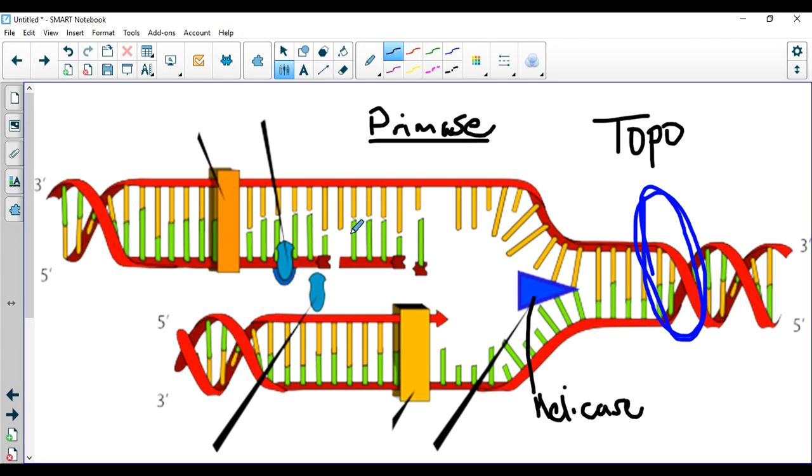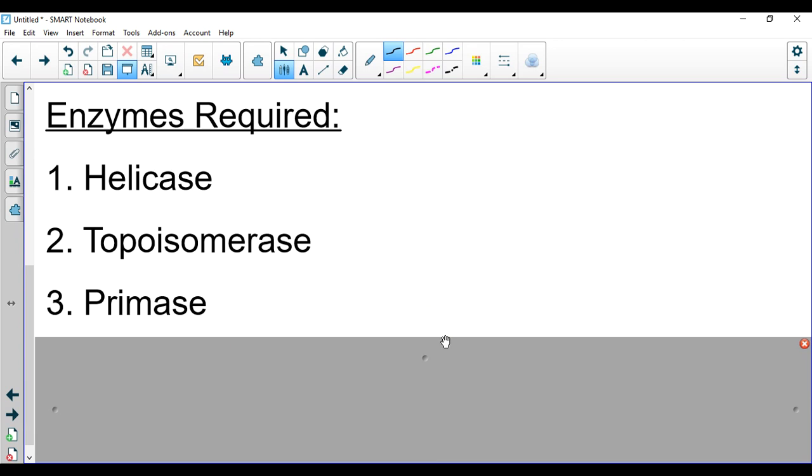Now, a key thing you need to take away is that the primers that set it up are RNA primers, meaning they don't have the same sugar as DNA. Remember, the sugar for DNA is deoxyribose. The sugar found in an RNA nucleotide is ribose. So what happens is DNA polymerase can only attach to an RNA primer.